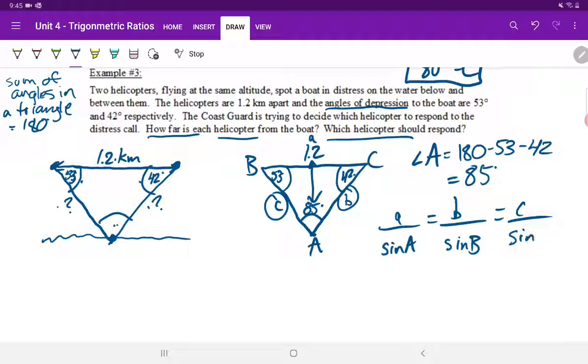Okay, we can cross off c. Even though we do know an angle there, it's irrelevant to us because we're only solving for b right now, and we need to include a because we're given everything for a. We're given the side length and the angle for a, so that must be included.